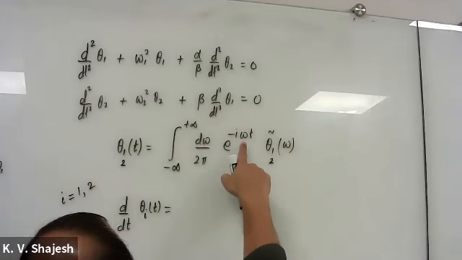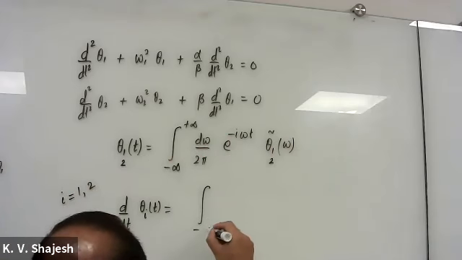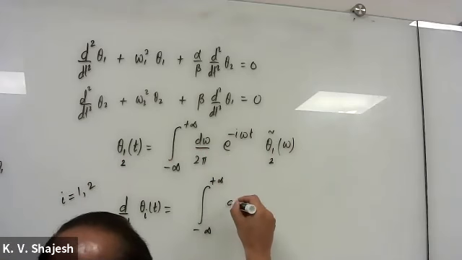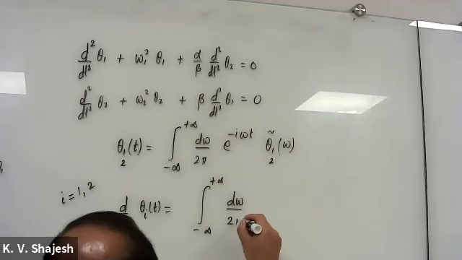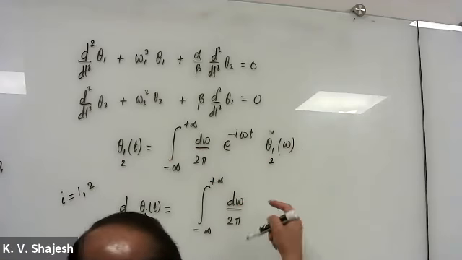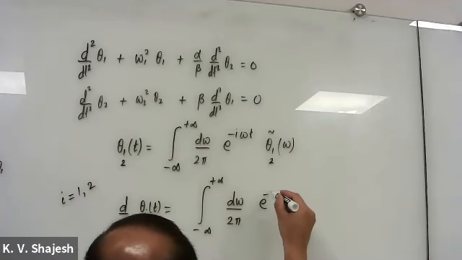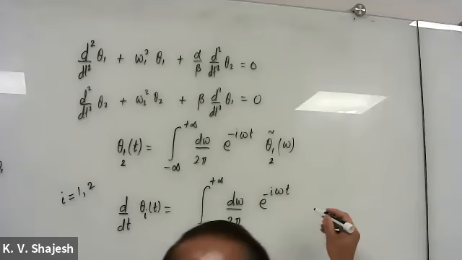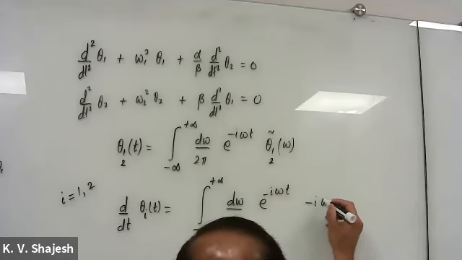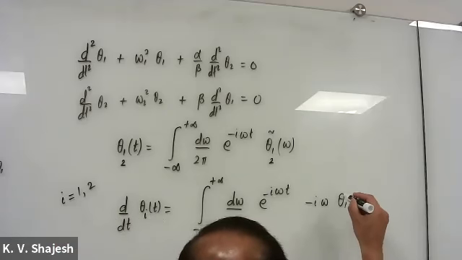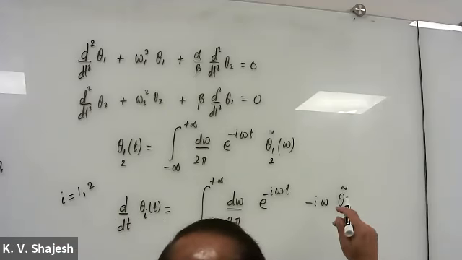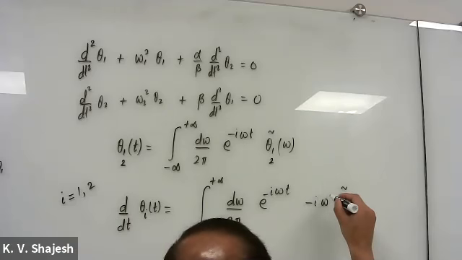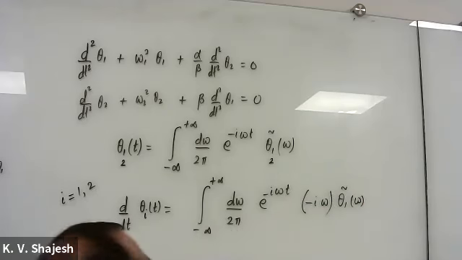So it brings down a minus i omega. So this is the integral from minus infinity to plus infinity of d omega over 2 pi, times e to the minus i omega t, and I have minus i omega times theta i tilde. One is a parenthesis and one is a functional dependence, so don't confuse them.